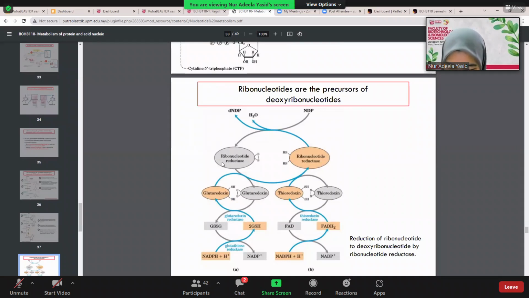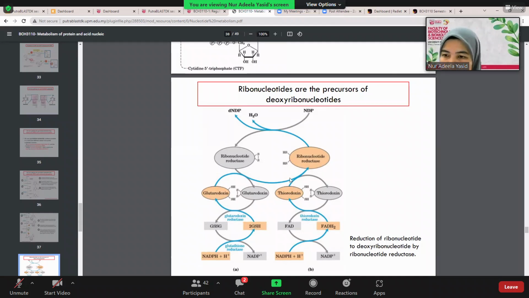This enzyme has several redox-active sulfhydryl groups, and the enzyme activity is generated through disulfide interchange with thioredoxin.